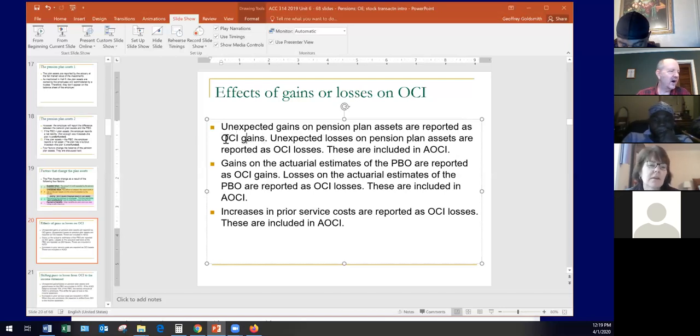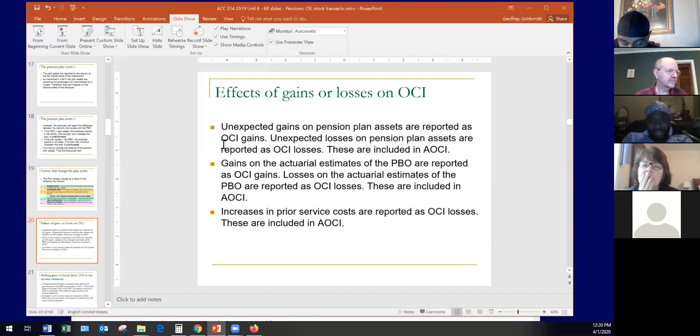So the unrealized gains and losses are closed into an account called accumulated other comprehensive income that goes on the balance sheet right next to retained earnings. Okay, hold on. OCI gains go on the comprehensive income statement.